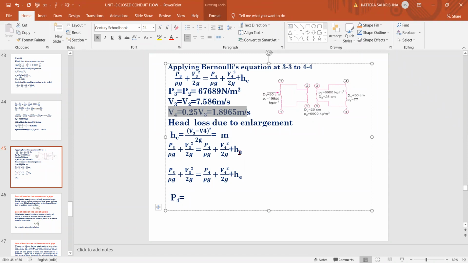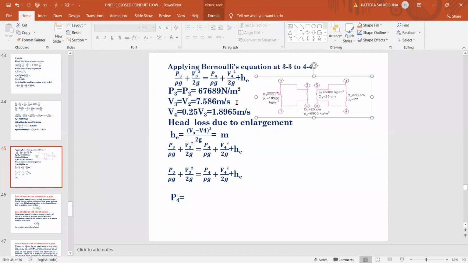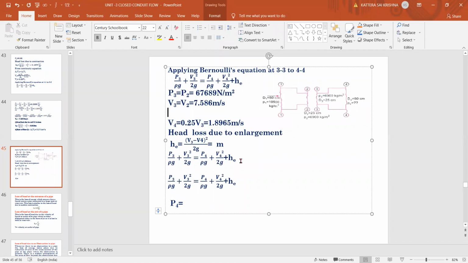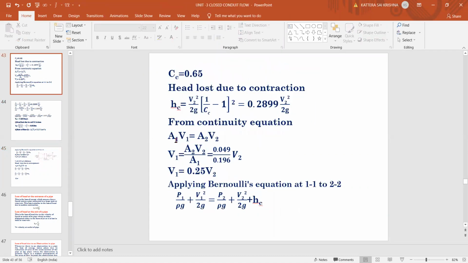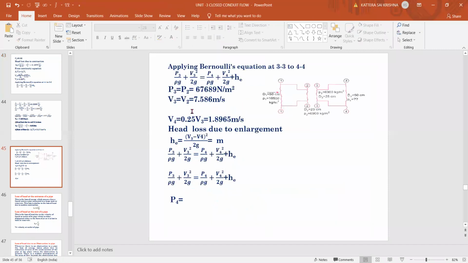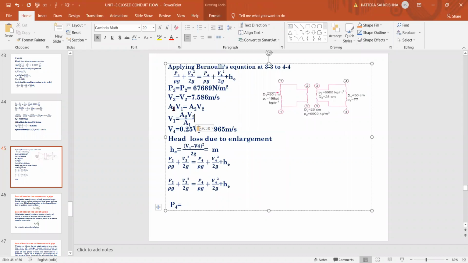Okay. Any doubt in this? How I wrote here? Let's write one more step here. So here what we'll get: A3 V3 equal to A4 V4.